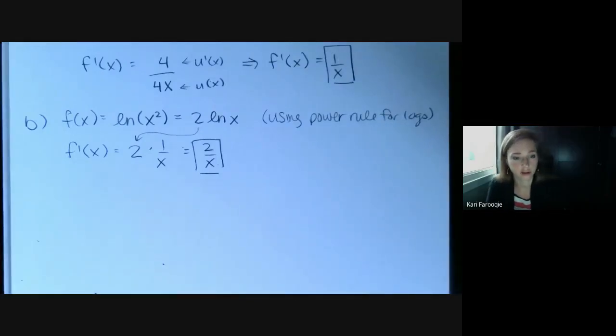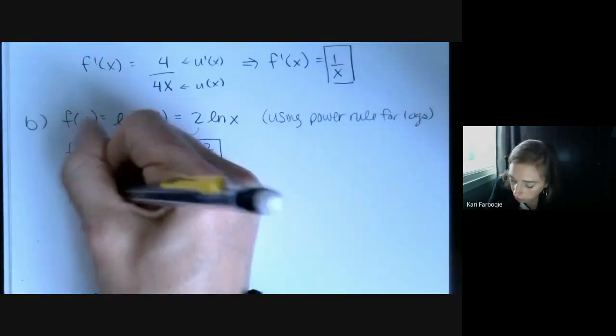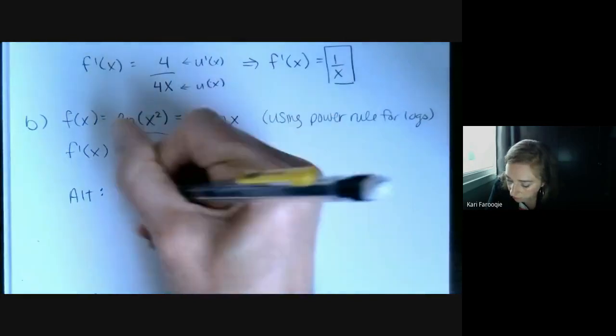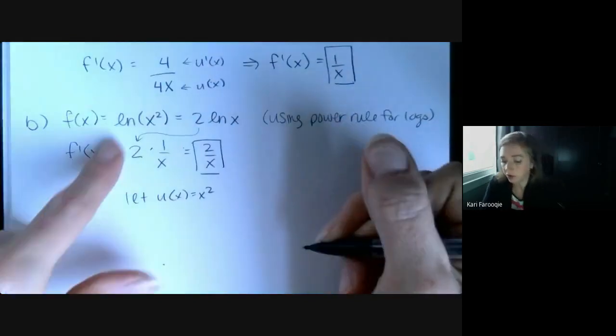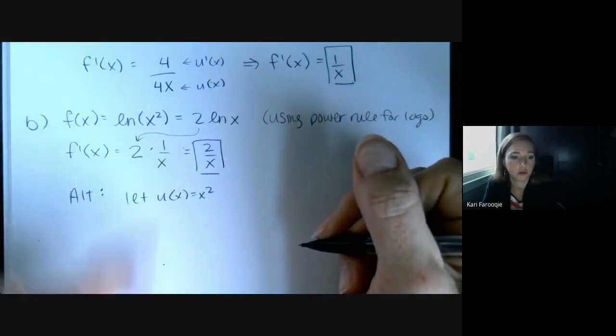Other questions on this one? Okay. Now, if you didn't think to use the power rule, that's fine. You could have said alternatively, let u of x be x squared, and then you're looking again at the natural log of u of x.